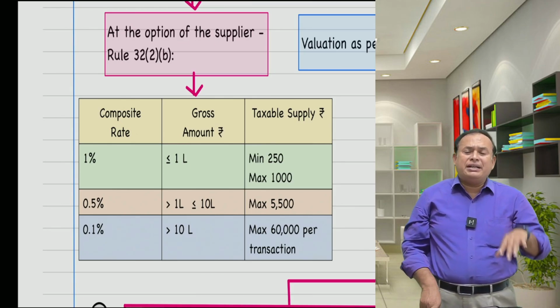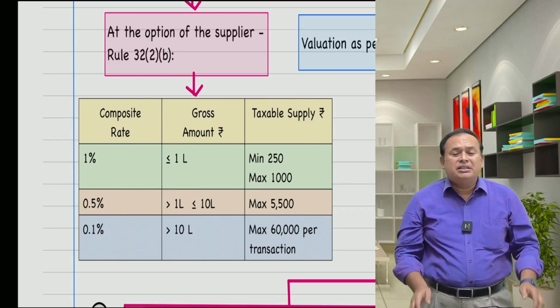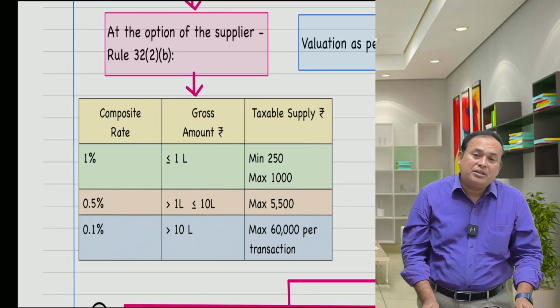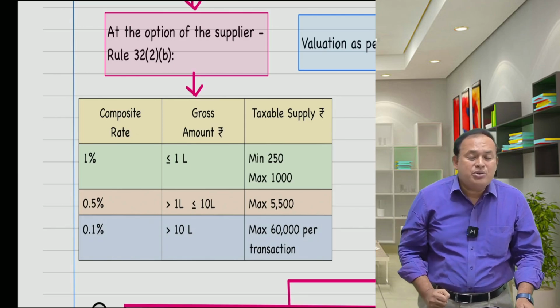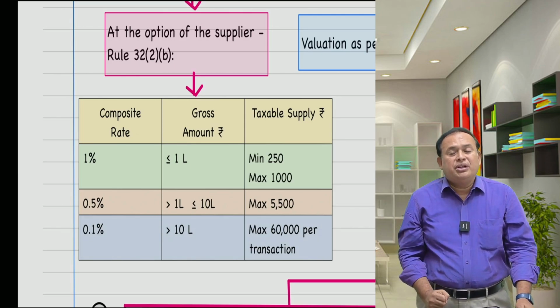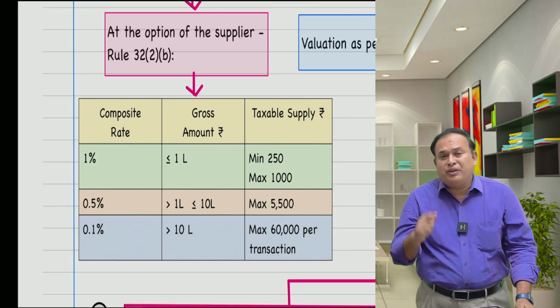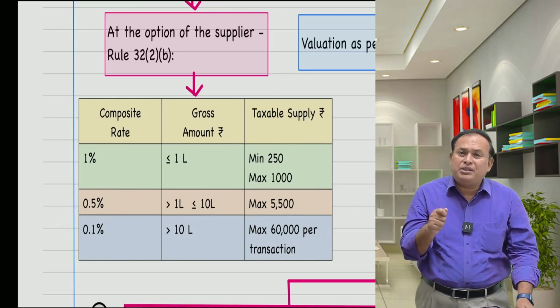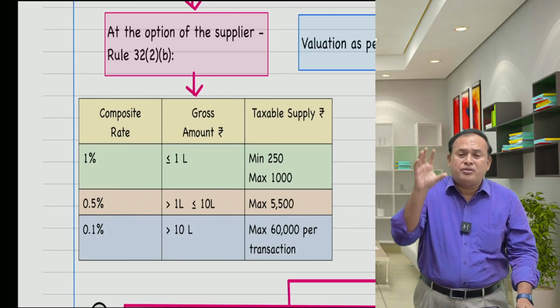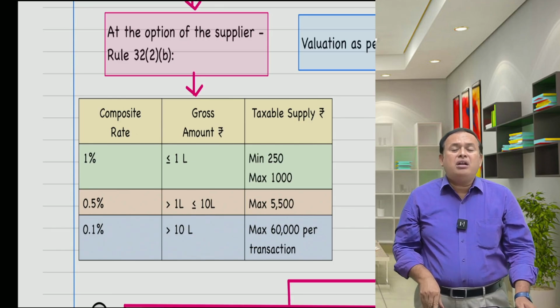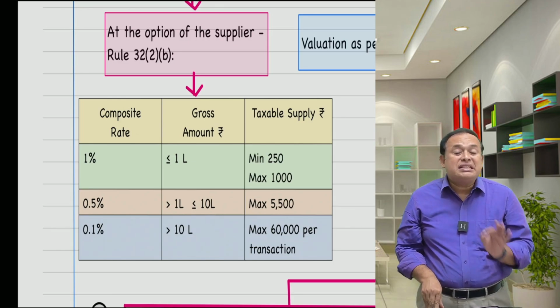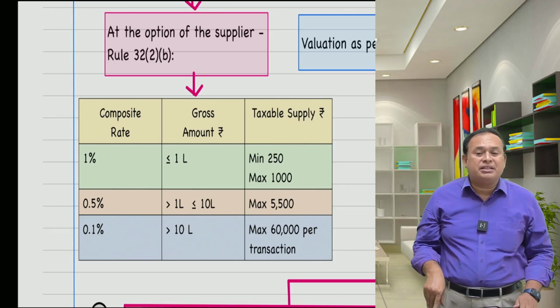Over and above 10 lakhs without any upper limit, on that over and above 10 lakhs, 0.1% of that value plus 5500, the total value, or rupees 60,000 per transaction.